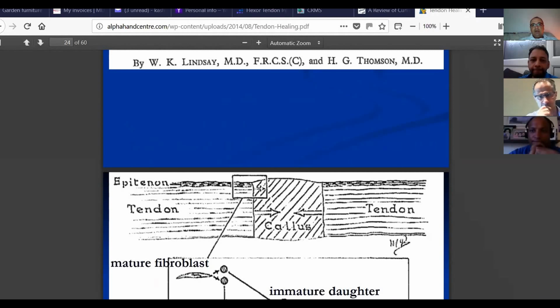Sometimes you can repair it in 2 stages. If it is a chronic injury, you can make a tunnel and then do the repair at a later stage. Is that something you've seen, Kashif? No, because the 2-stage repair is only for reconstruction. If the patient is coming to you within 3 weeks, you need to prepare the patient for the extension of the incision.